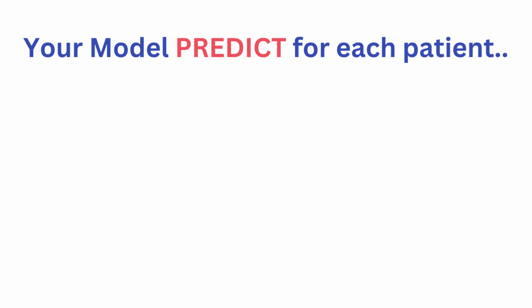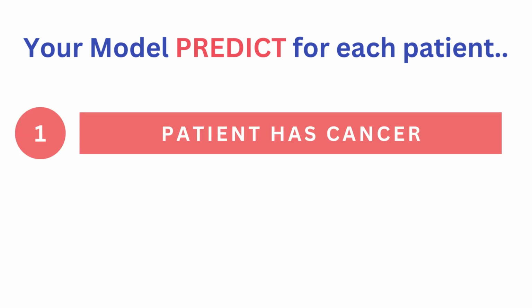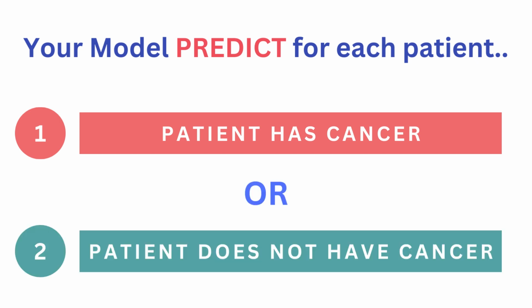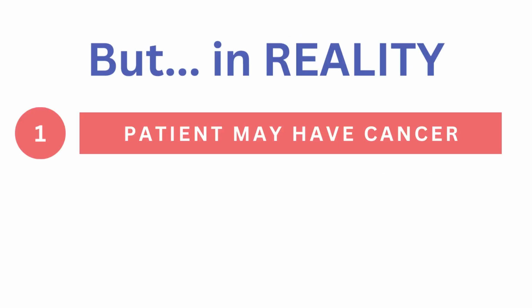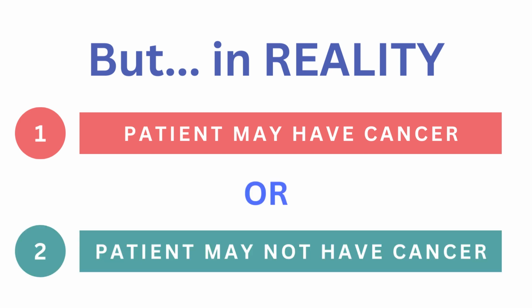Wait, but how? Let's say your model will predict for each patient 1. The patient has cancer, or 2. The patient does not have cancer. However, in reality, the patient may have cancer or the patient may not have cancer.